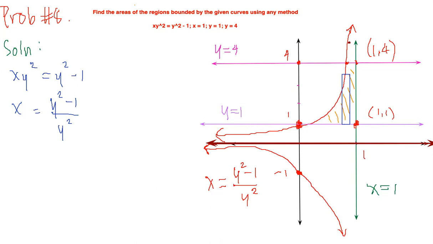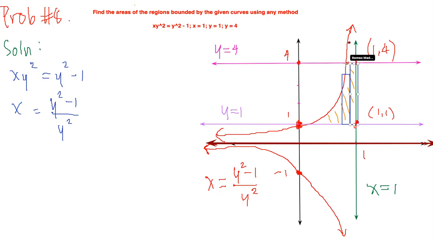However, there is another rectangular strip that we could construct, but it will not pass through the given curve.